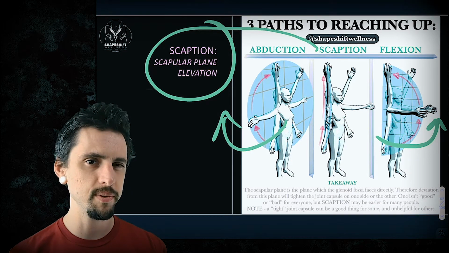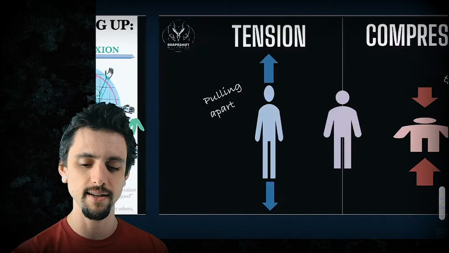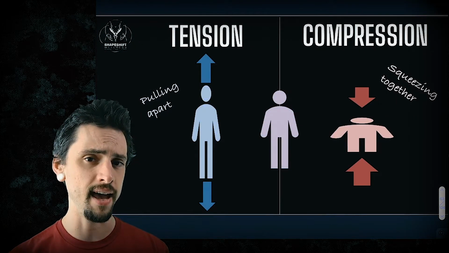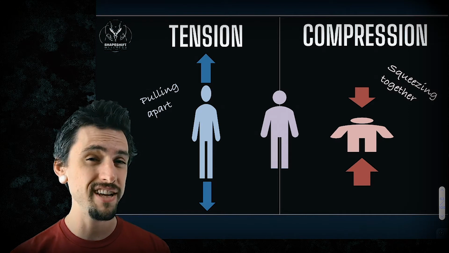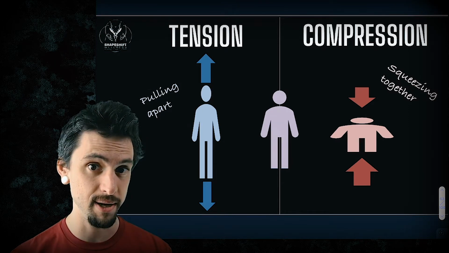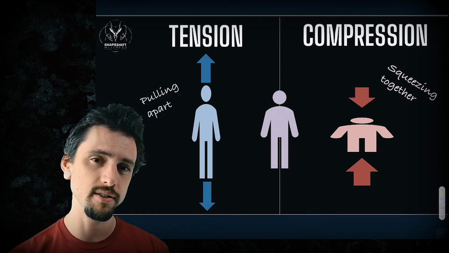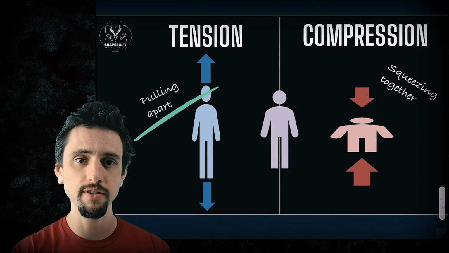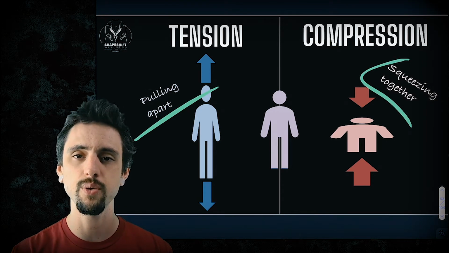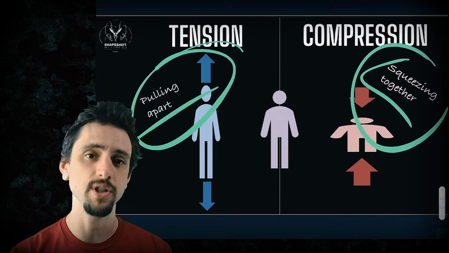However, there's a more specific definition of scaption, and this is the reason why it's the easiest. Before I get to that, we need to understand tension and compression. Again, I had 2 videos that talked a lot about tension and compression. So if you really want to understand these, go back and watch the first 2 videos of the series. Basically, tension is a pulling or a stretching force, and compression is a squeezing force. So you're either stretching things or you're squishing things.